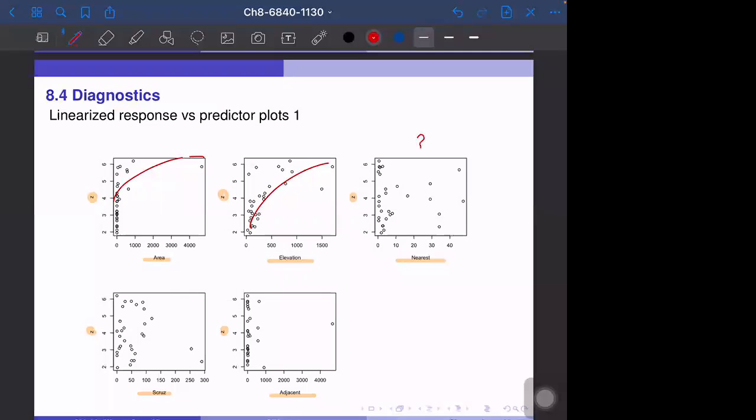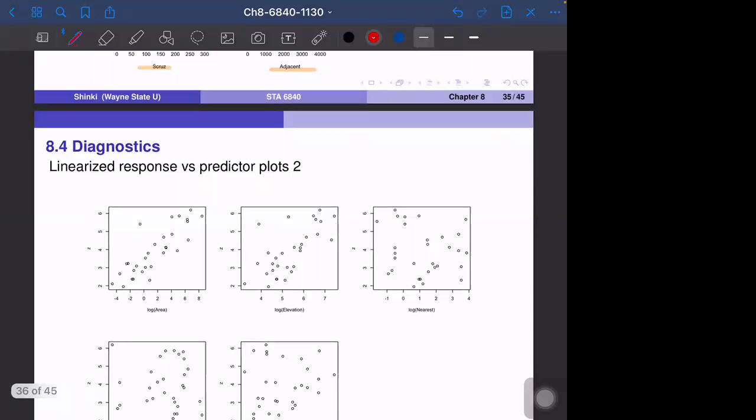For this one the relationship isn't clear. Maybe a negative relationship, but these observations are extreme values and we need some transformation, so it's not entirely clear. And this one is also not clear. Maybe this is one outlier and the others possibly a negative relationship, but not clear.